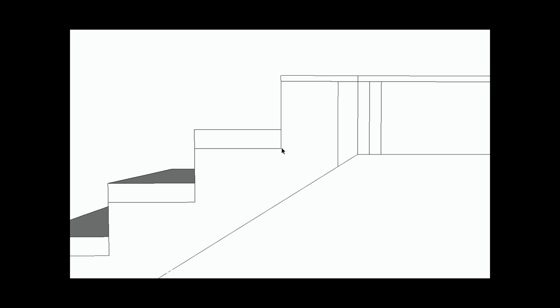The measurement from here to here, instead of being 7 inches like this one, is now going to be 8 3/4 inches. I'm going to add the difference to the stringer, to the last step, wherever this is going to be.